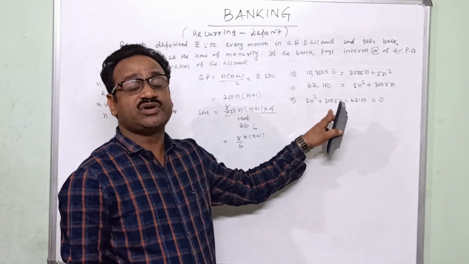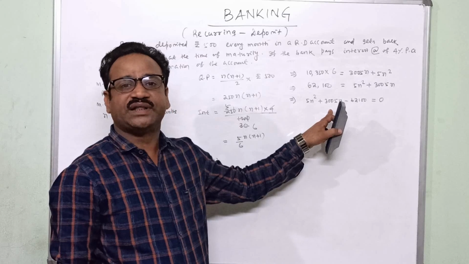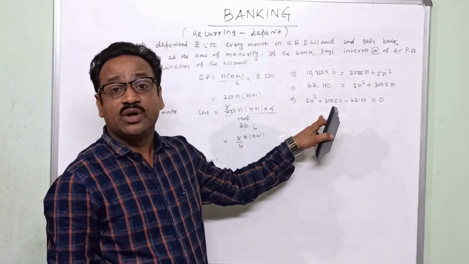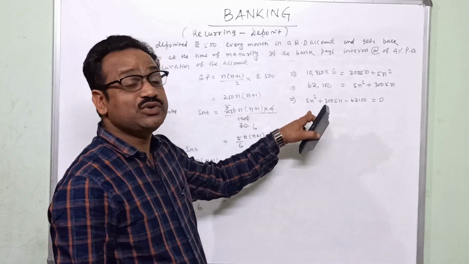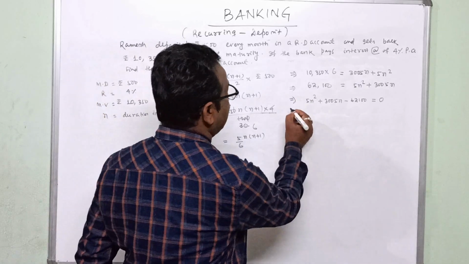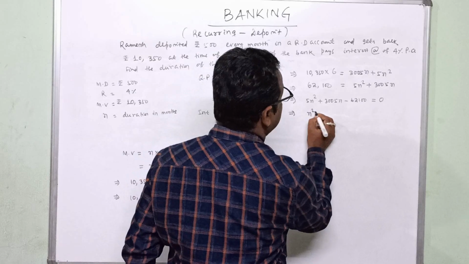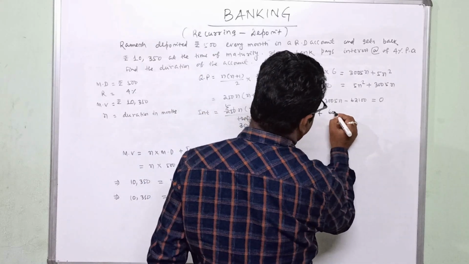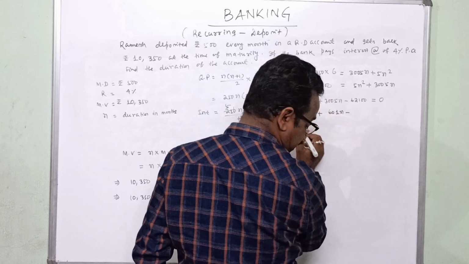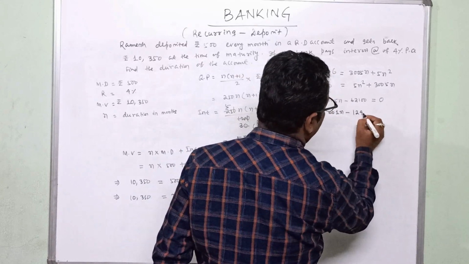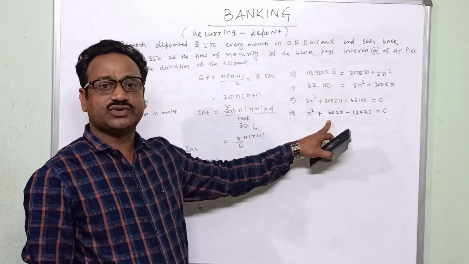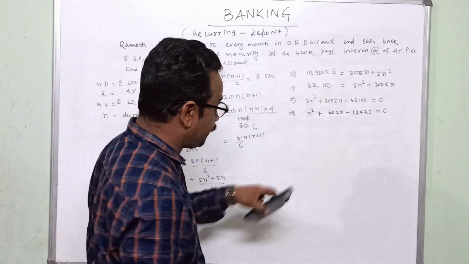Now this quadratic equation we have to solve by the method of factorization. But before factorizing, we must reduce it to the lowest term. That implies n square plus 601n minus 12420 is equal to 0. Now it is reduced to the lowest term.